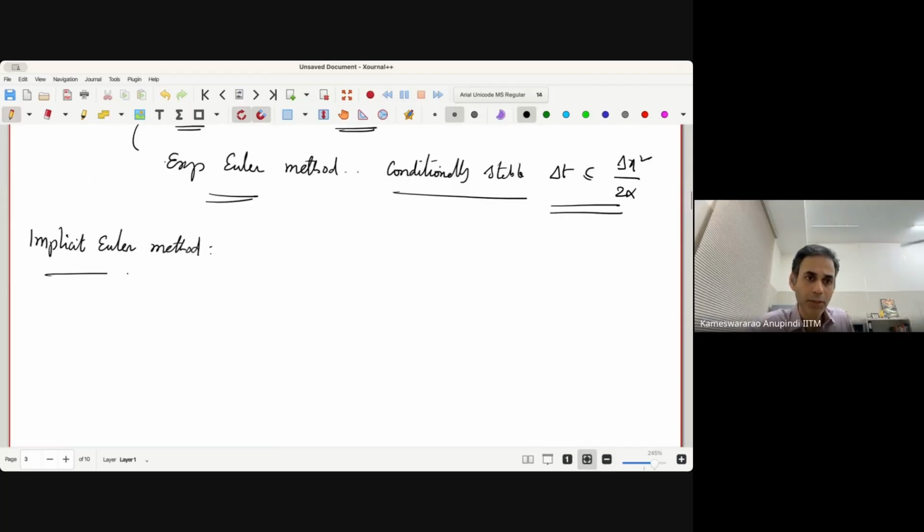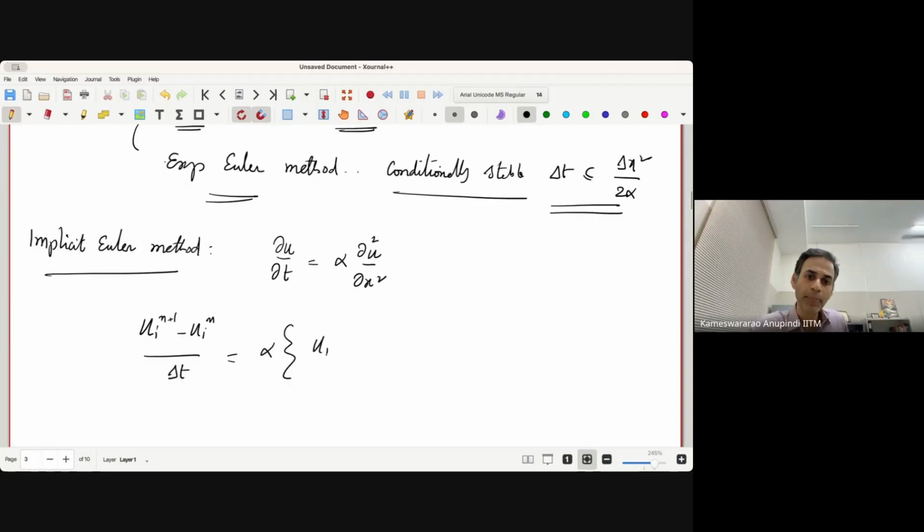Okay. So in the implicit Euler method, we know that when we discretize the 1D transient heat conduction equation, that is dou u by dou t equals alpha dou square u by dou x square, we discretize it as ui n plus 1 minus ui n divided by delta t equals alpha times ui plus 1 minus 2 ui plus ui minus 1, and all of them divided by delta x square, all of them at n plus 1 instead of at n.